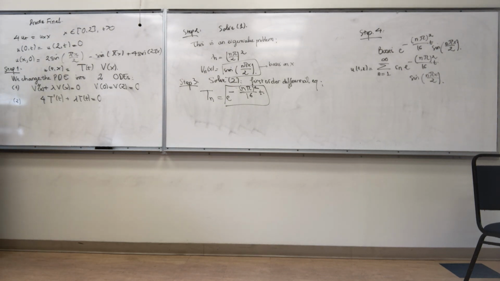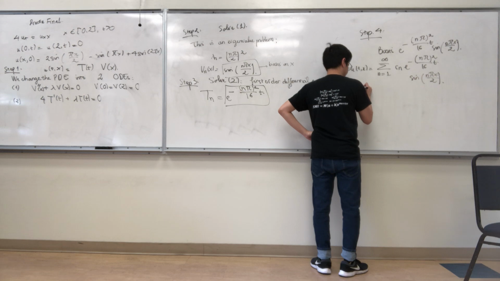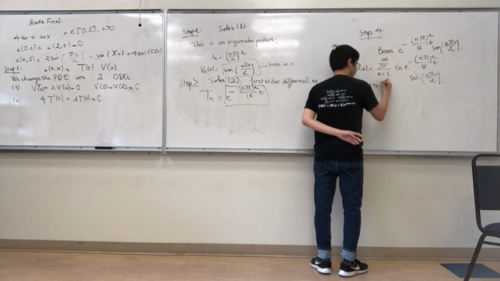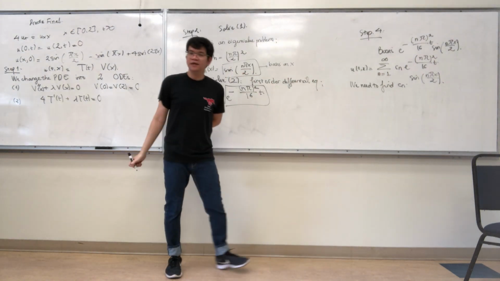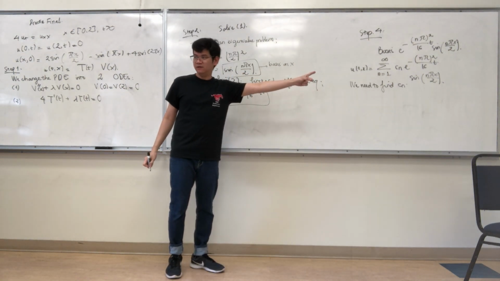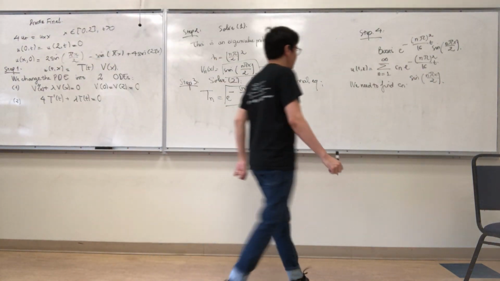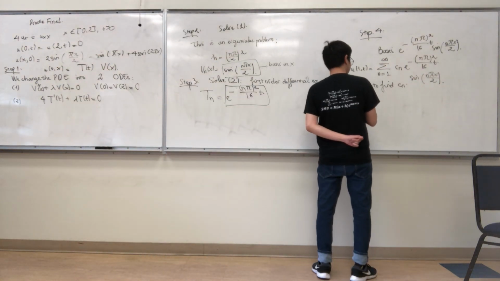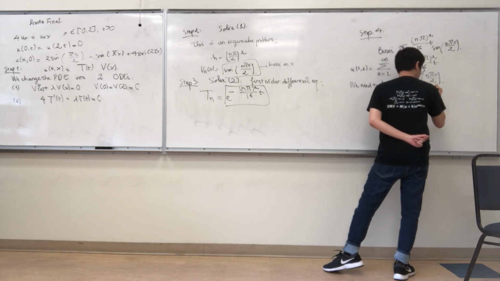So what you do now is to try to find the c_n. So we need to find c_n. How do you find c_n? You're going to replace t = 0 here, and you're going to use the initial condition, which is a little bit complicated.